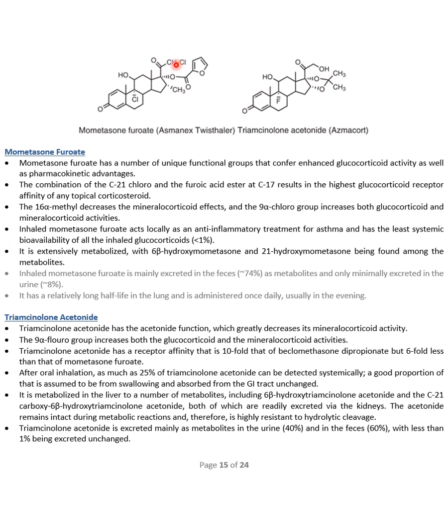Apparently this chlorine, in addition to the furoic acid ester, along with the chlorine here at position 21, results in high glucocorticoid receptor affinity, and it actually has the highest affinity among all the topical corticosteroids.